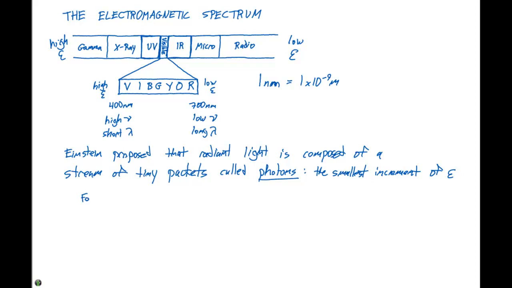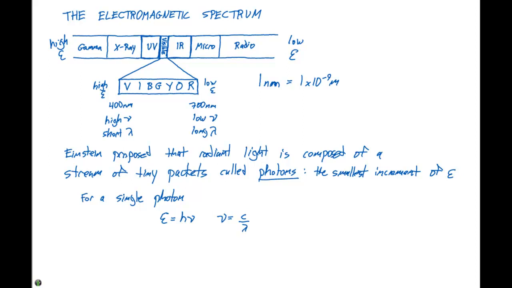So for a single photon, we can come up with a relationship that energy is equal to h times nu. And we can also say that nu is equal to c divided by lambda.